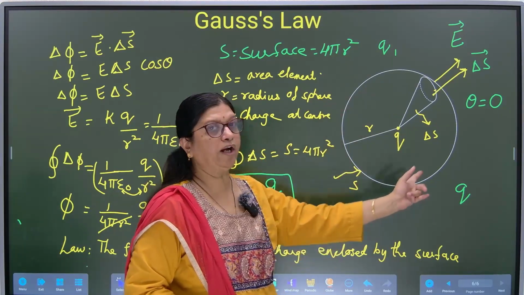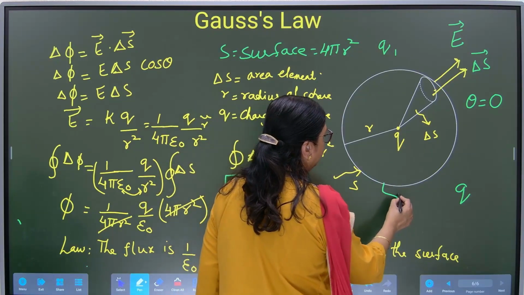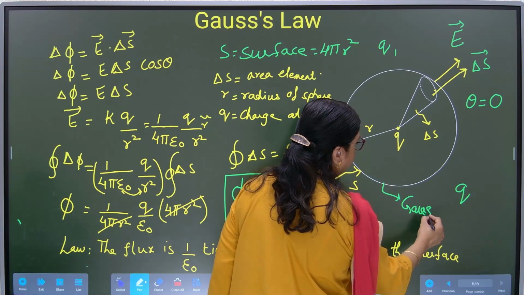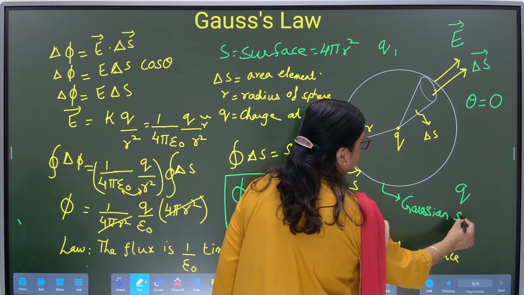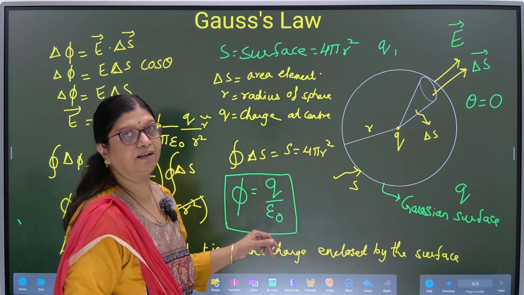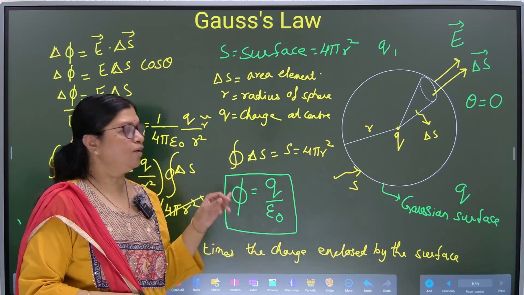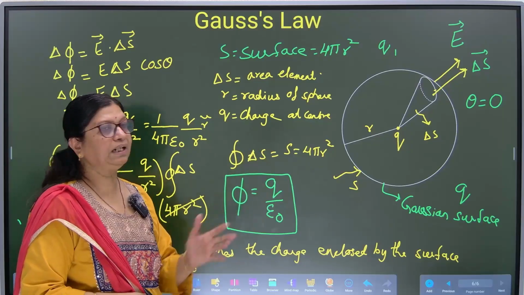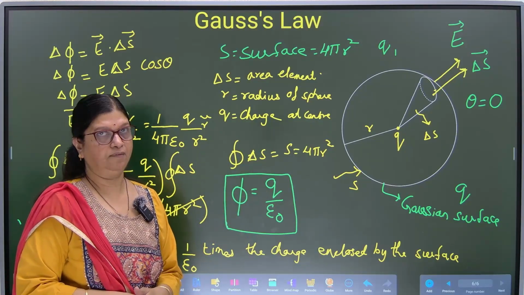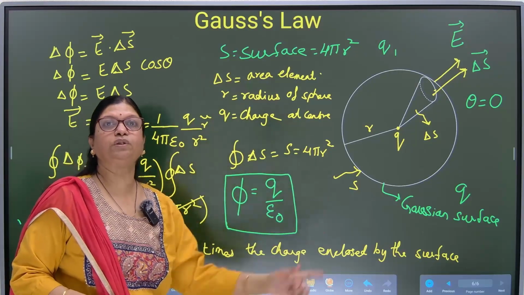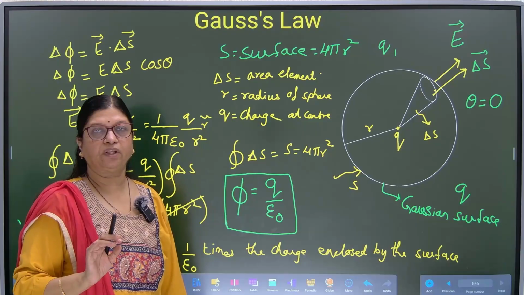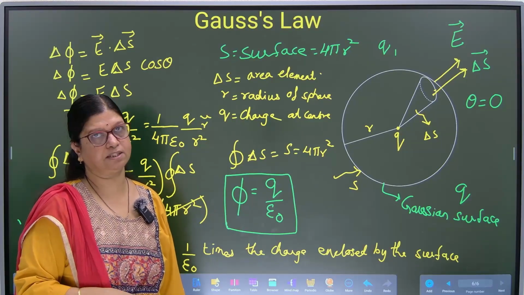It has no role to play in the formula which we have written for the flux. It can be of any shape because it is not there in our formula. So the surface which we are considering around the charge is called the Gaussian surface.